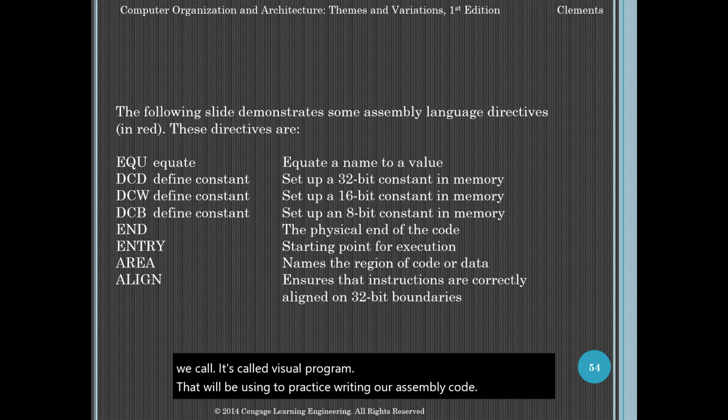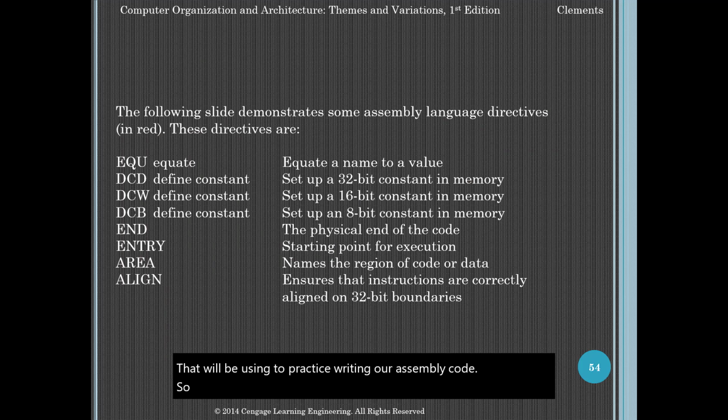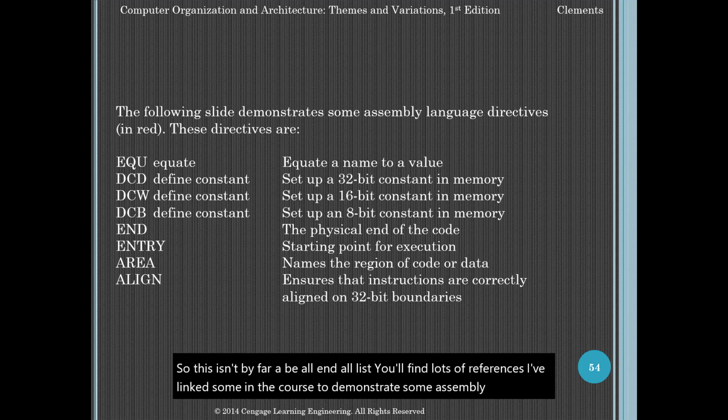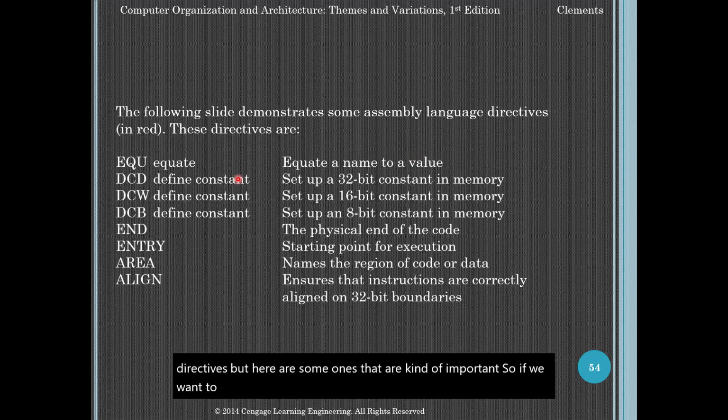This isn't by far a be-all, end-all list. You'll find lots of references. I've linked some in the course to demonstrate some assembly language directives, but here are some important ones. If we want to equate a name to a value, set up some constants and different sizes of memory.